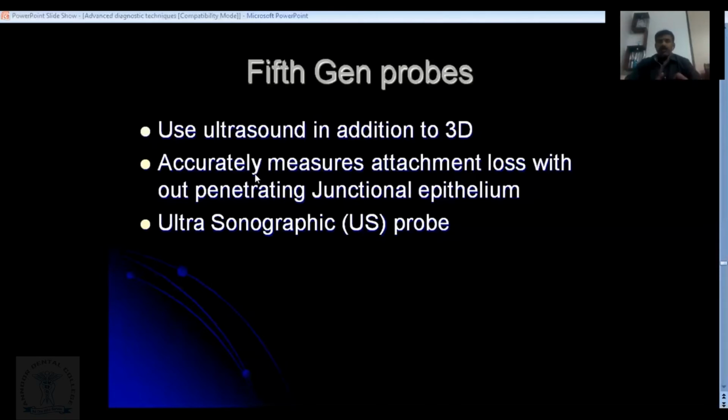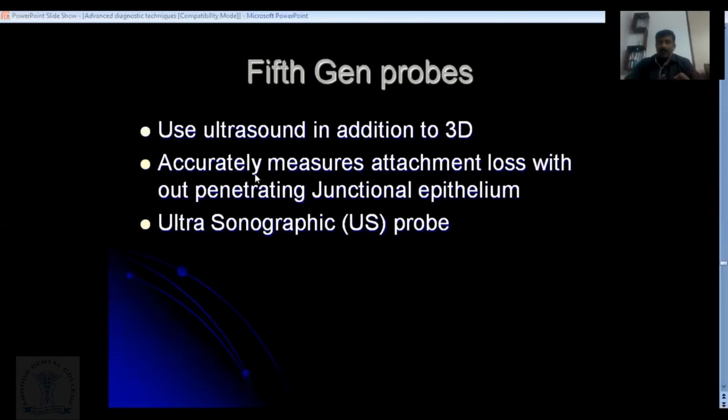So now we have come to the end of advanced clinical diagnosis, right? We first discussed gingival bleeding, then gingival temperature, and finally different periodontal probes.